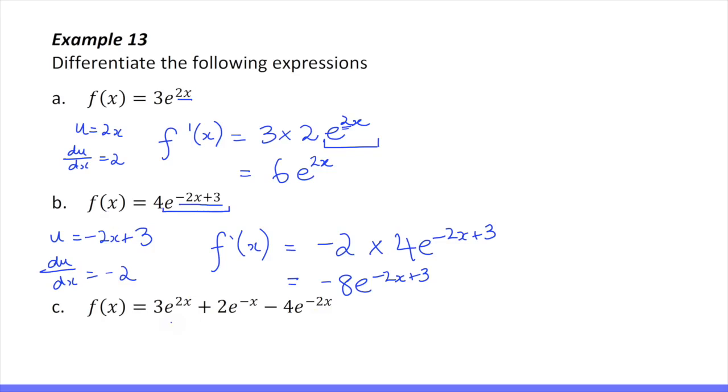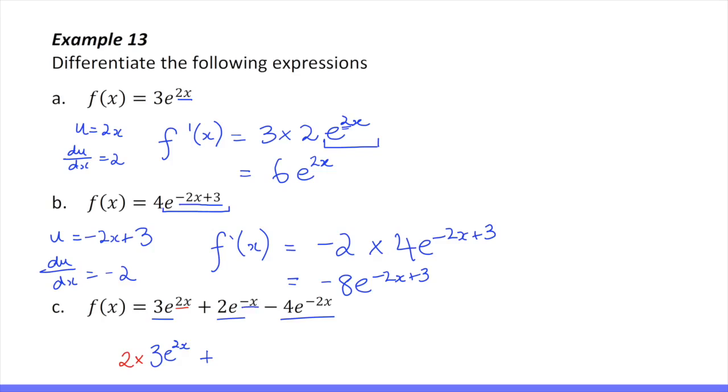Again, this time what we have is several functions. What I'm going to start doing is speed up this little process, but rather than writing u equals for each one, I'm just going to start multiplying it by the derivative. So here, my original function, 3e to the 2x remains, and what I need to multiply that with is the derivative function. The derivative of 2x is just 2.